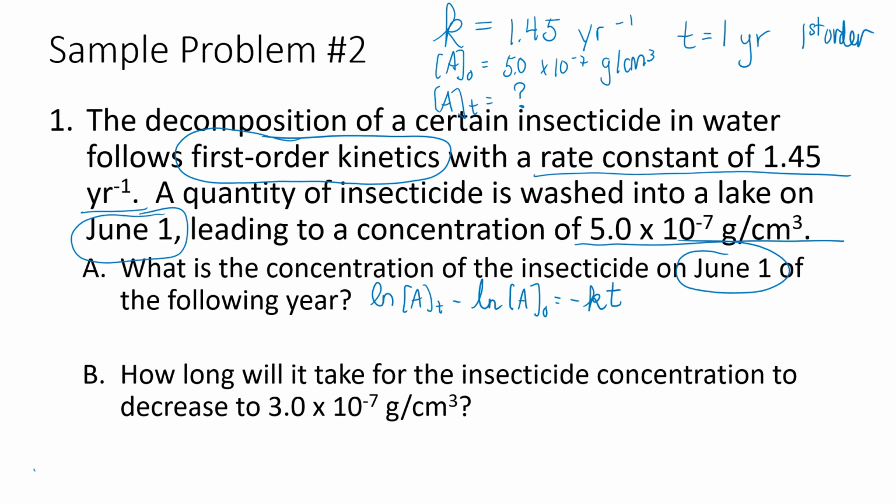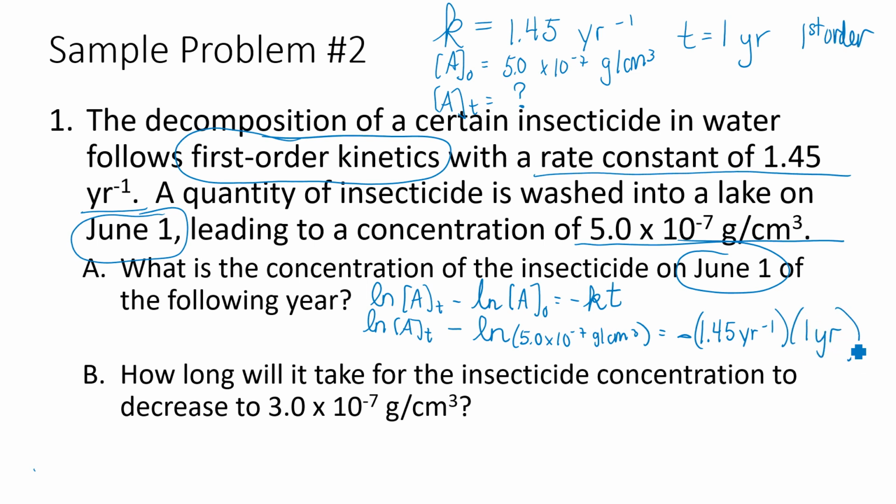We're going to start plugging in the values. The concentration of A at time t is our unknown. The concentration of A at time 0 is 5 times 10^-7 grams per centimeter cubed. The value of k is 1.45 years^-1, and then time is 1 year.